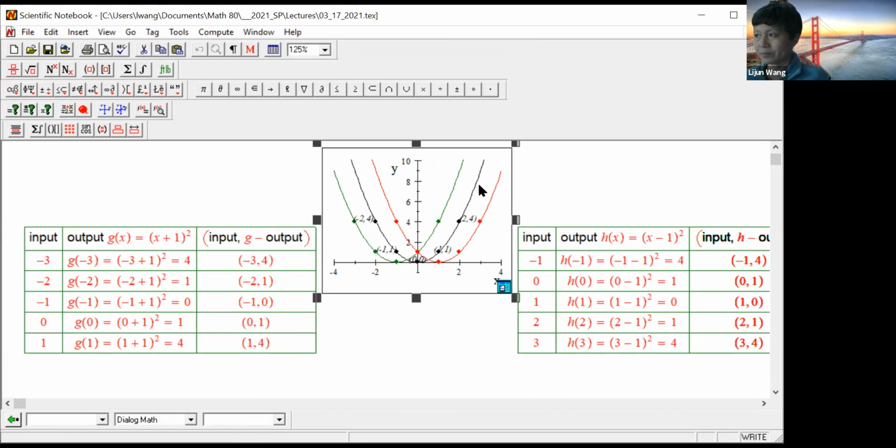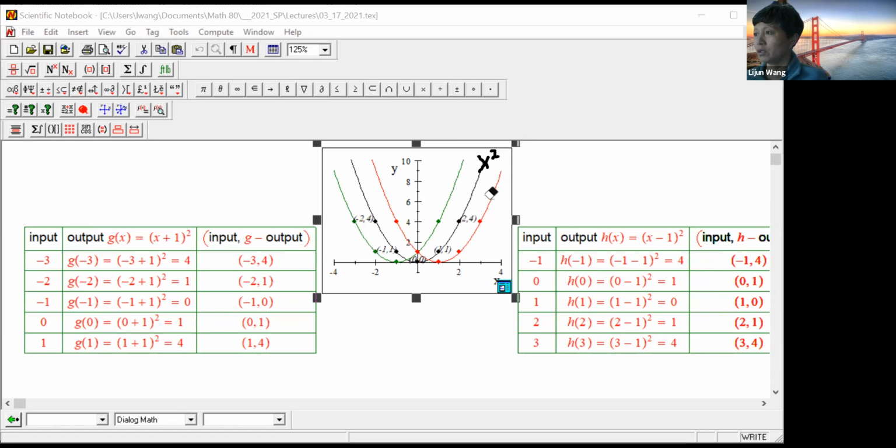The black one is x squared. Okay, so let's mark them together. This guy is x squared. The red one is, oops, I need the red color.